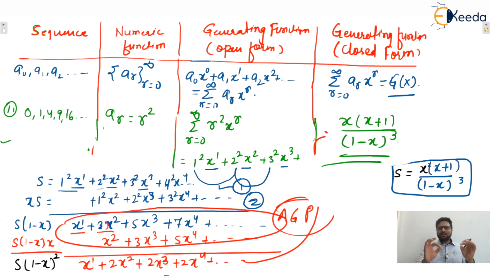Whatever the series is, the summation of that series, simplified, will be the generating function in closed form. And in open form it is directly whatever is present after multiplying each term with x power 0, x power 1 and so on. After simplification of that series, what you get is the closed form of that generating function.